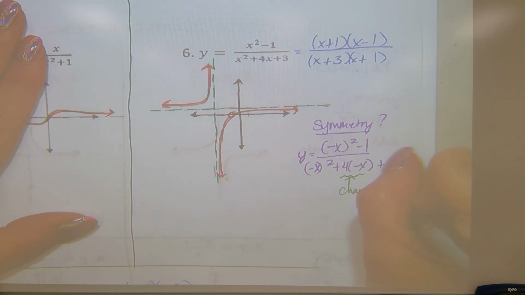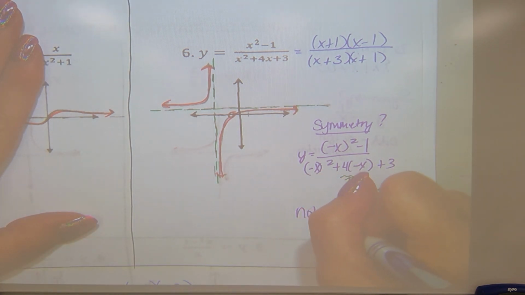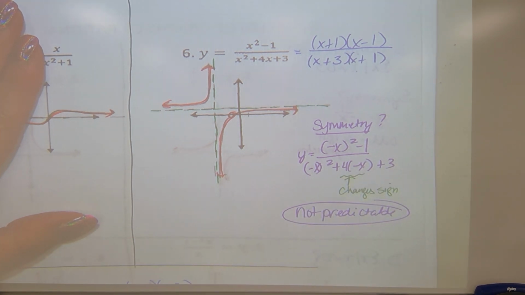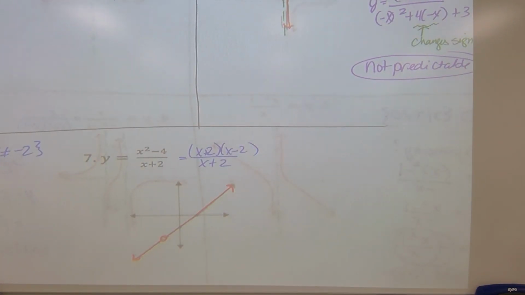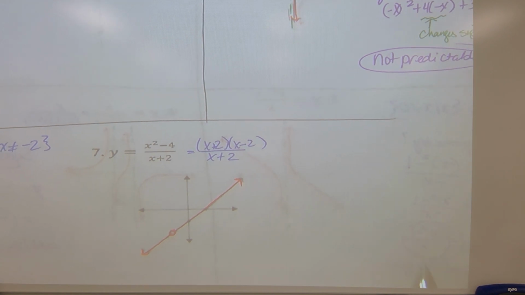Since just a single term changes sign, but not the entire denominator, I do not have predictable symmetry. Again, looking at my function, I can tell, hopefully, that I don't have any predictable symmetry here.